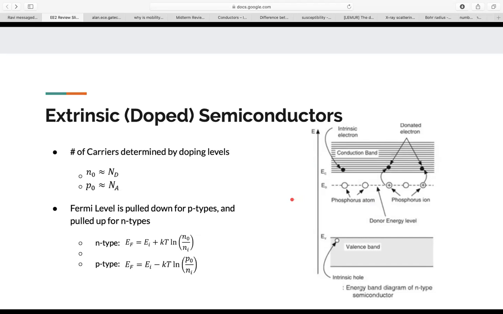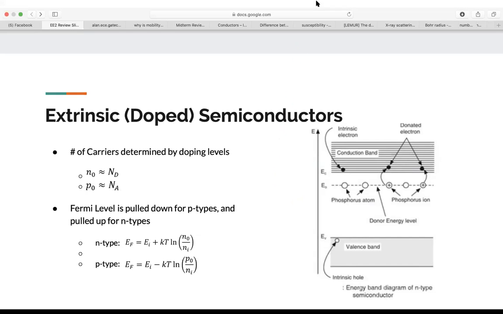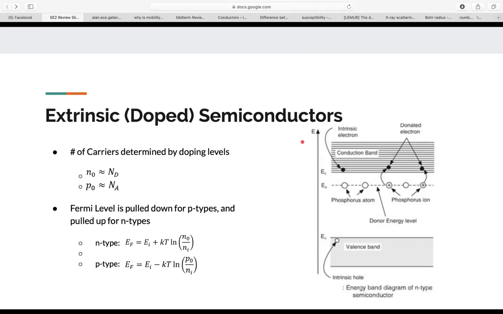And so similarly, when you give a crystal extra electrons, then there's an excess electron concentration, and your crystal is now N type. And vice versa, if you dope your crystal with holes, then it becomes P type. And your Fermi level is influenced heavily because of that.